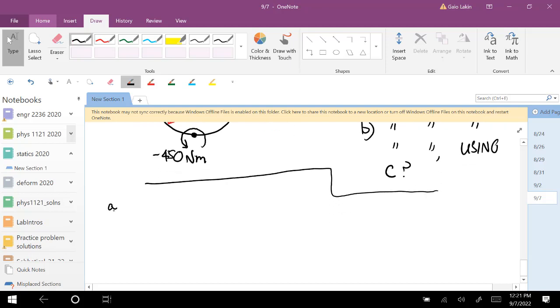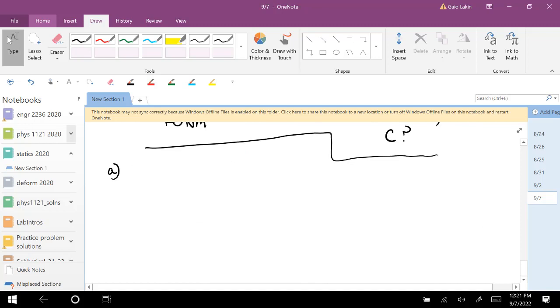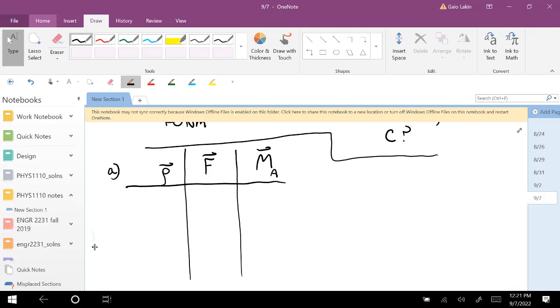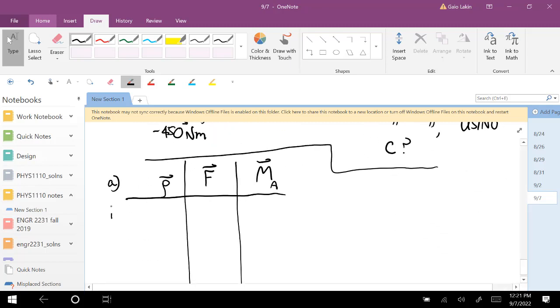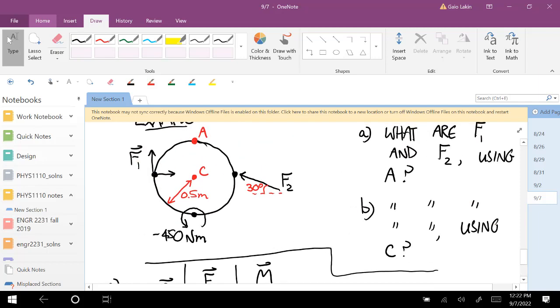So for part A, I'm going to write out this row force moment table. And we're going to go through all three of those loads. So I'll do F1 first. If our about point is A, what's the row vector for F1?